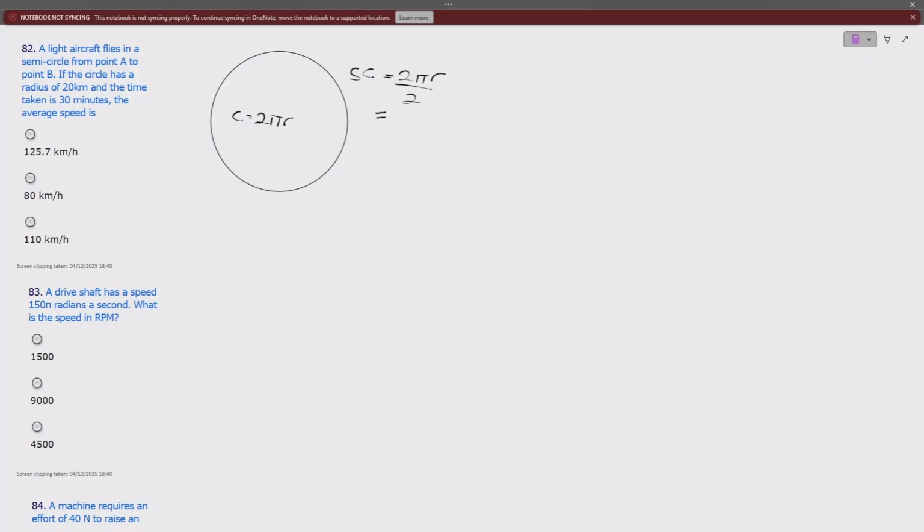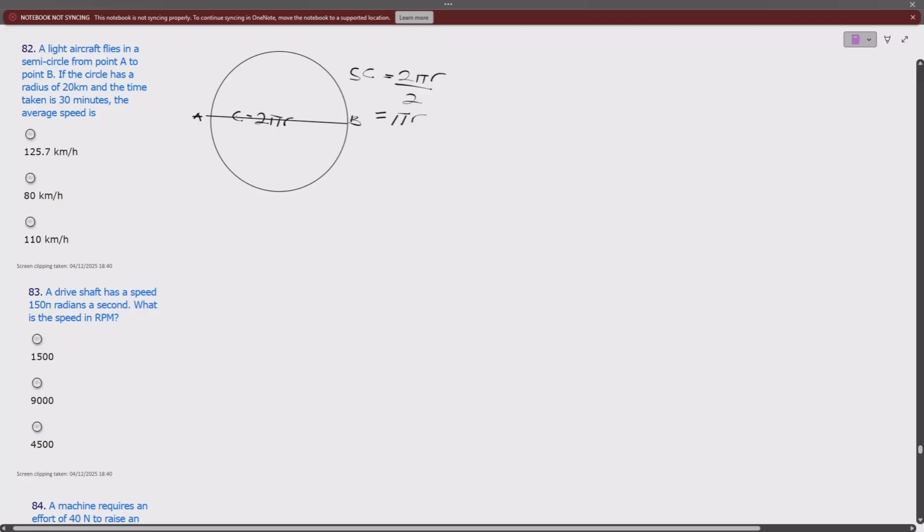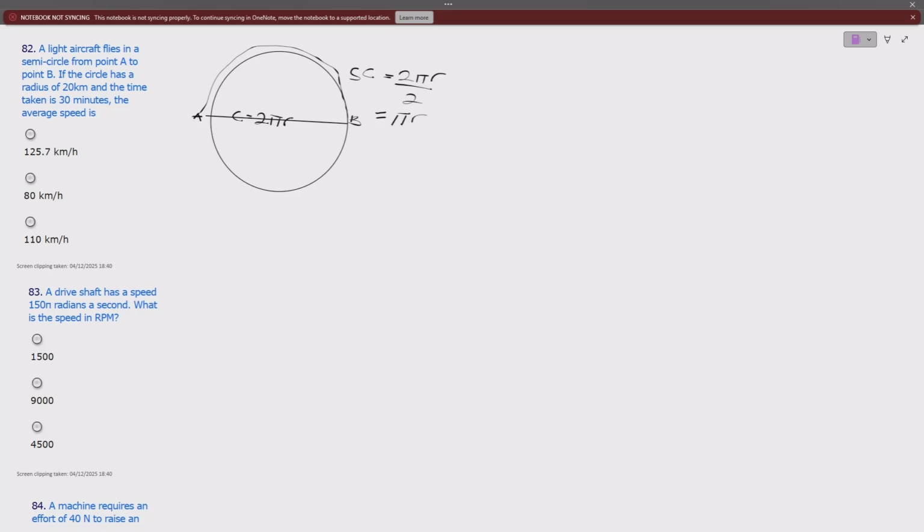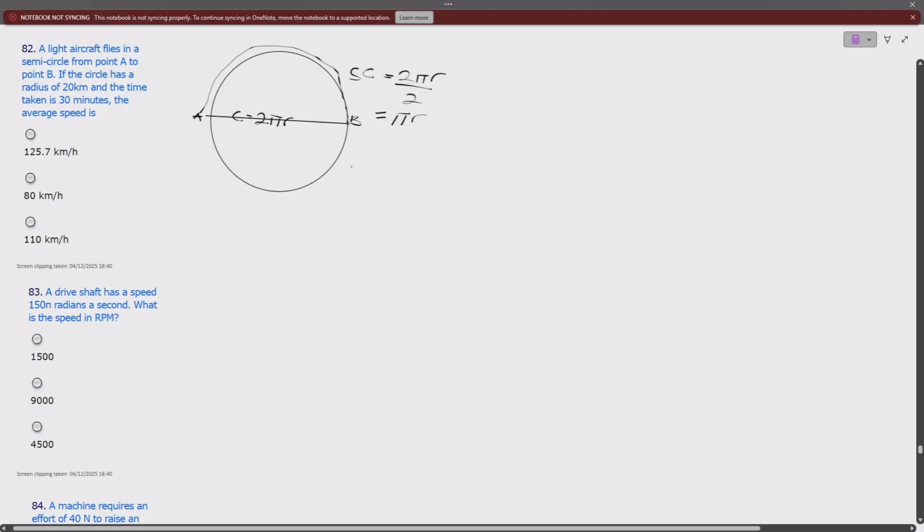That is going to give us pi r. So pi r is the distance the aircraft covers, from point A till point B, not drawn to scale.